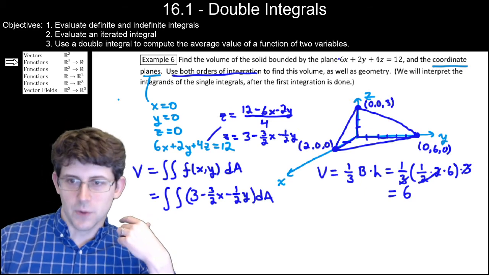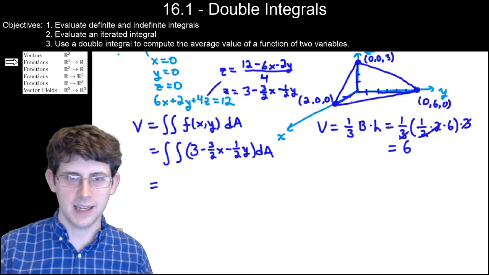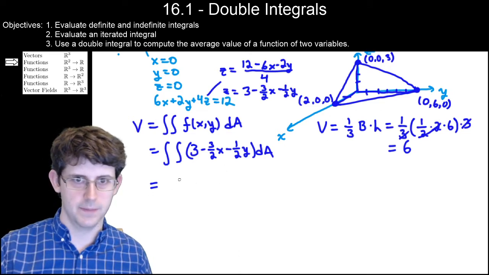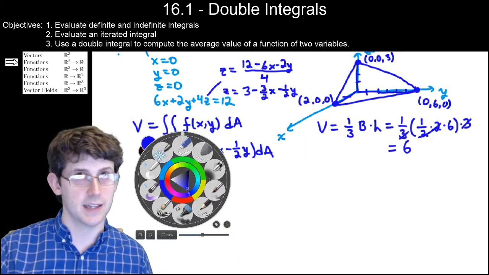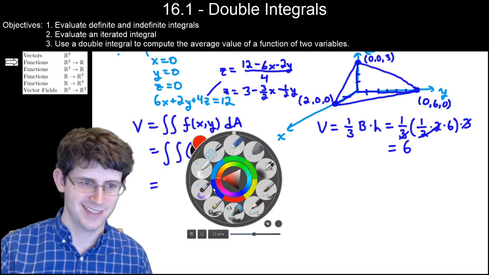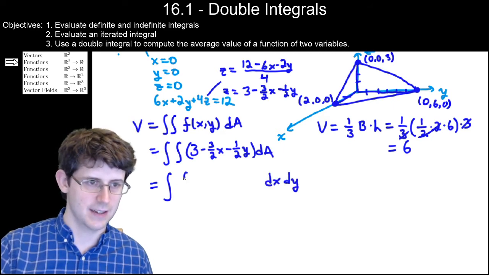This will work for either order, but let's pick an order. I guess you can just pick an order. Let's say that we try dx dy. We'll do the other one next.